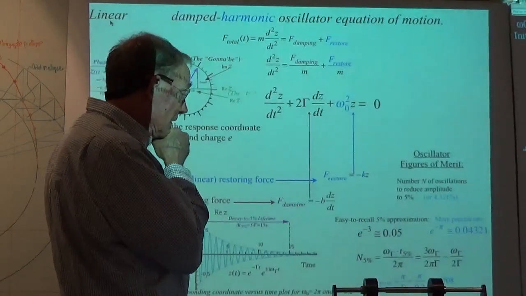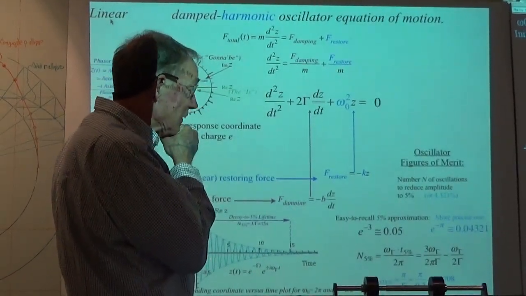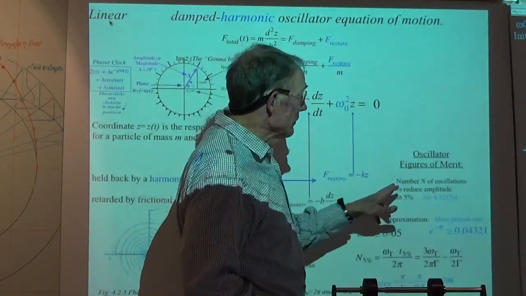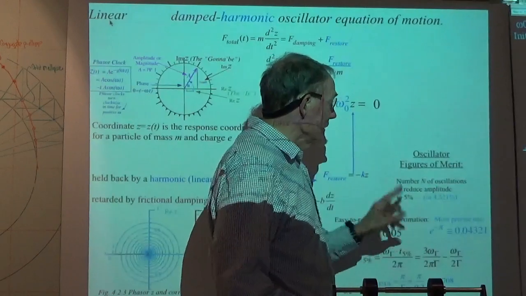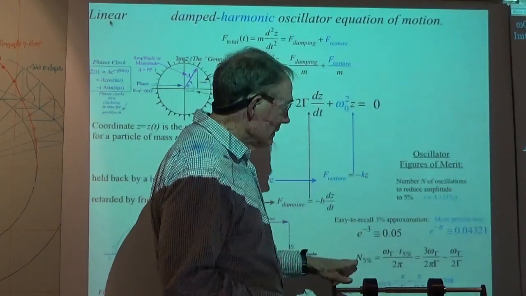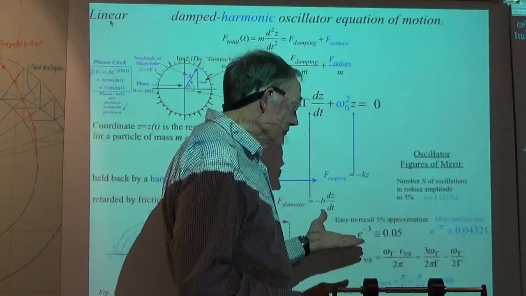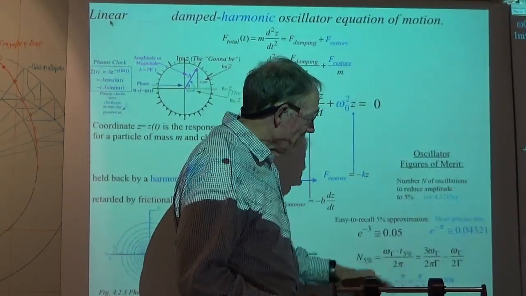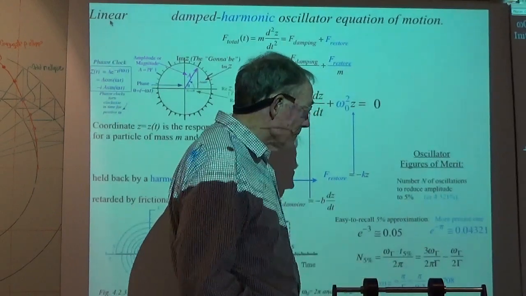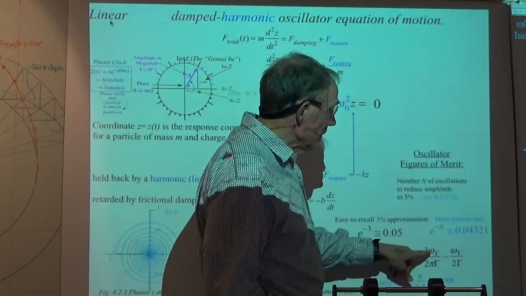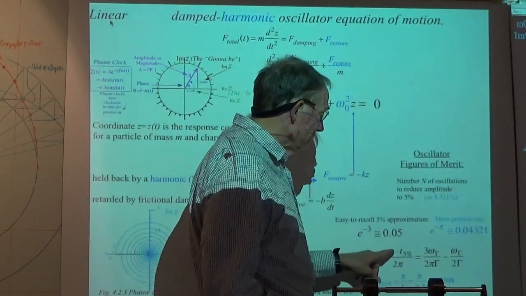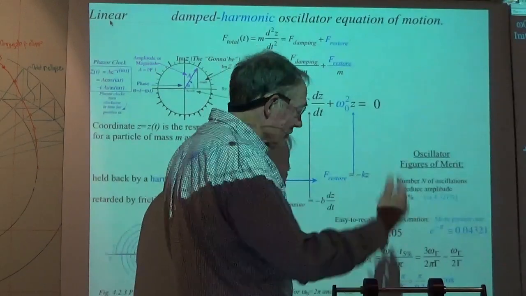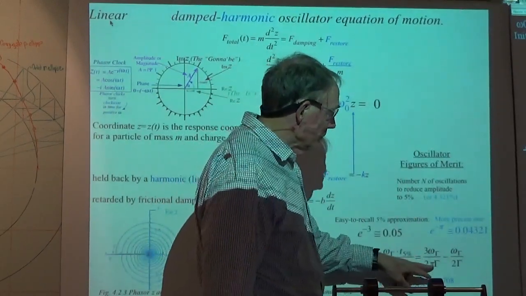All right. Now, here's another thing that you should always remember, and that is the number n of oscillations to reduce the amplitude to 5%, okay, is, well, what's your angular frequency times the 5% time divided by 2 pi, okay? Well, that's 3 over gamma times omega sub gamma, the full frequency, which is almost the same as omega 0, divided by 2 pi.